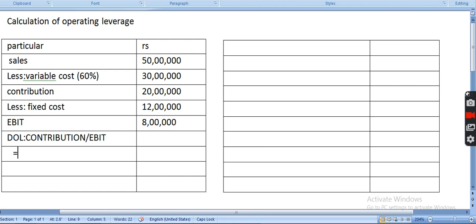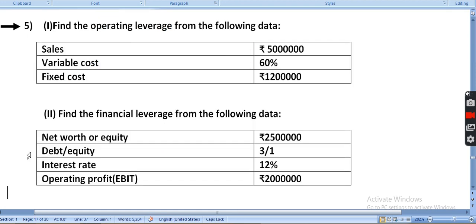Contribution we already found, 20 lakh rupees, divided by EBIT, we also found that, 8 lakh rupees. So 20 lakhs divided by 8 lakh is 2.5. So that is the answer. First we calculated operating leverage. Then second one, find the financial leverage from the following data.